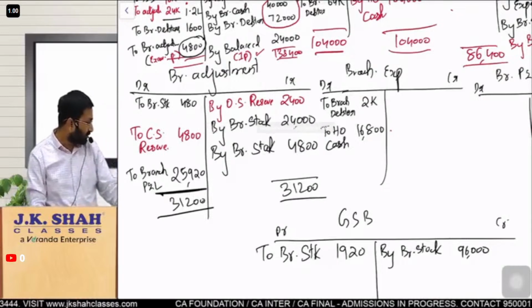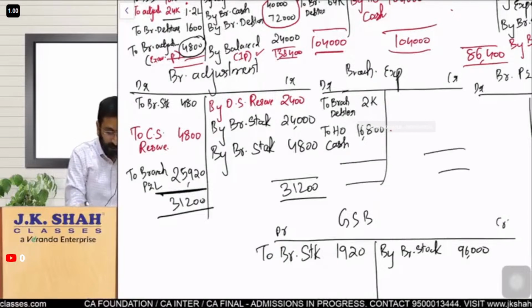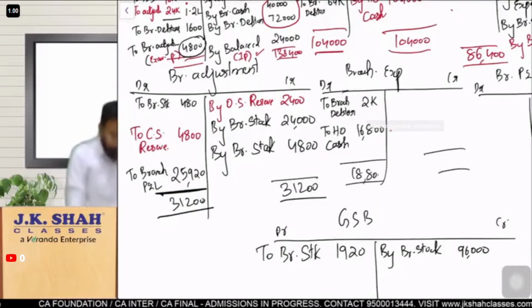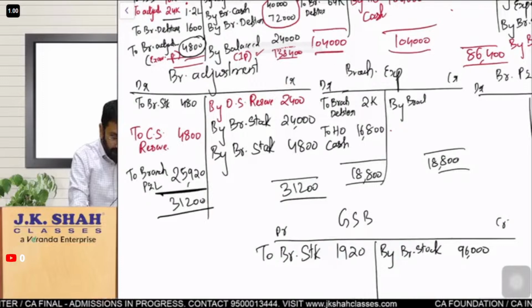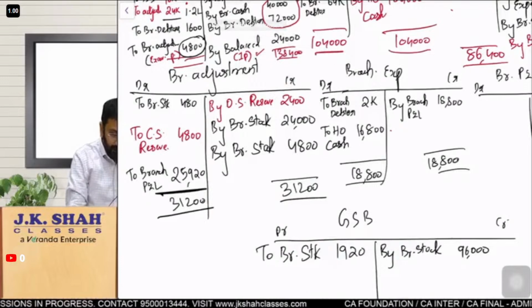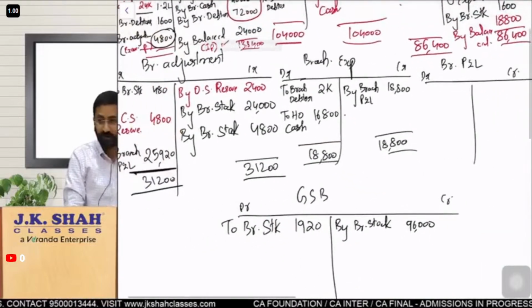What else, guys? Expense account. Balance this expense account. 18,800 should go to P&L, to branch P&L. Expenses have been transferred to P&L.